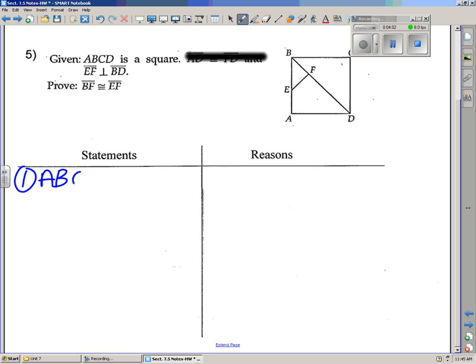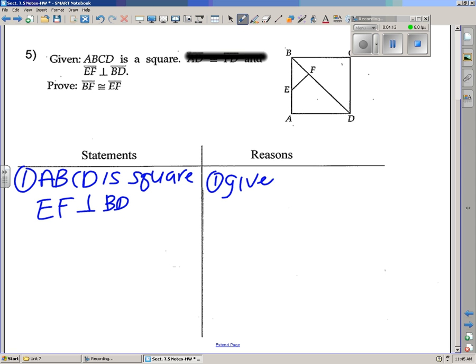So ABCD is a square, and EF is perpendicular to BD. Well, we want to try to get BF and EF the same. So we want to get these guys the same, which means we really want to get this triangle to be isosceles.